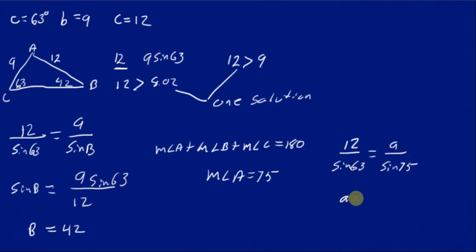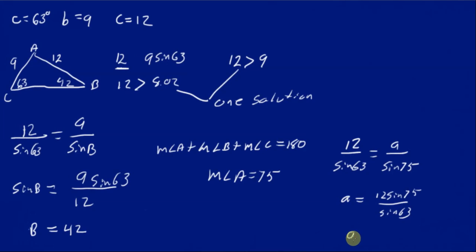So length A is going to equal 12 sine 75 divided by the sine of 63. So length A is equal to, what is it, 13. If you're not getting the same numbers, remember that your calculator needs to be in degree mode, because we were given an angle of 63 degrees.